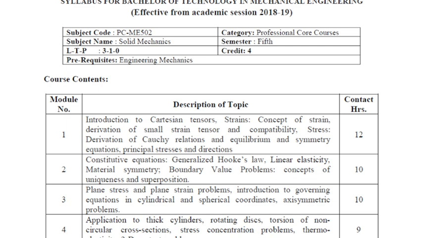Then comes the plane stress and plane strain problems, introduction to governing equations in cylindrical and spherical coordinates, and axisymmetric problems. Probably this is the smallest of the 5 modules. Why is it smallest?